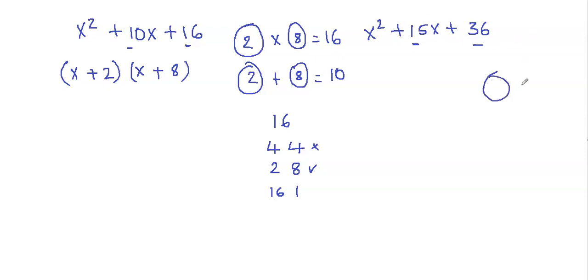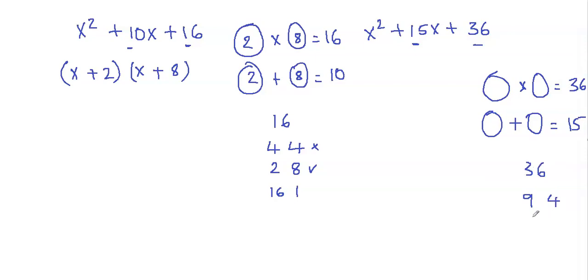So I need two factors which when multiplied give me positive 36, but when added should give me positive 15. So let's write down the factors of 36.